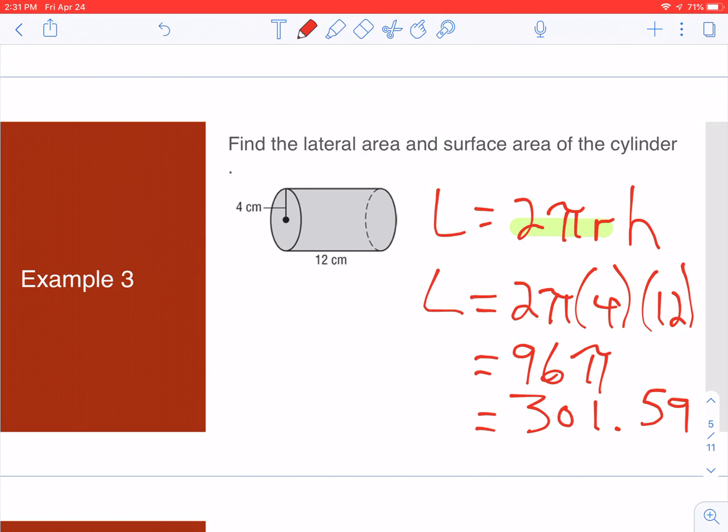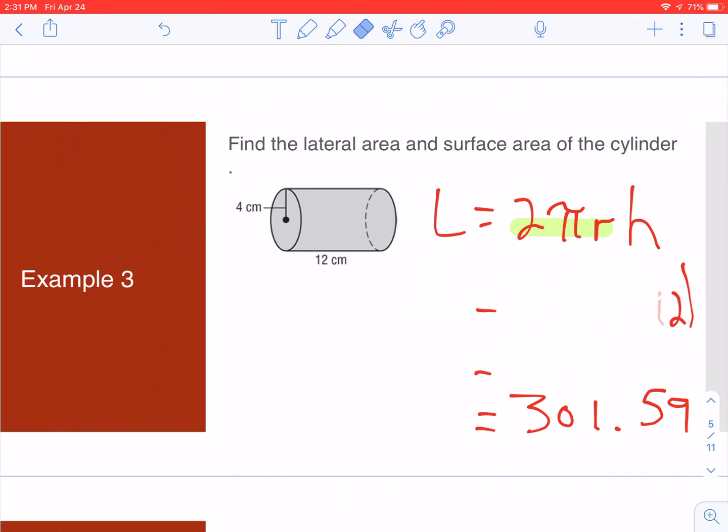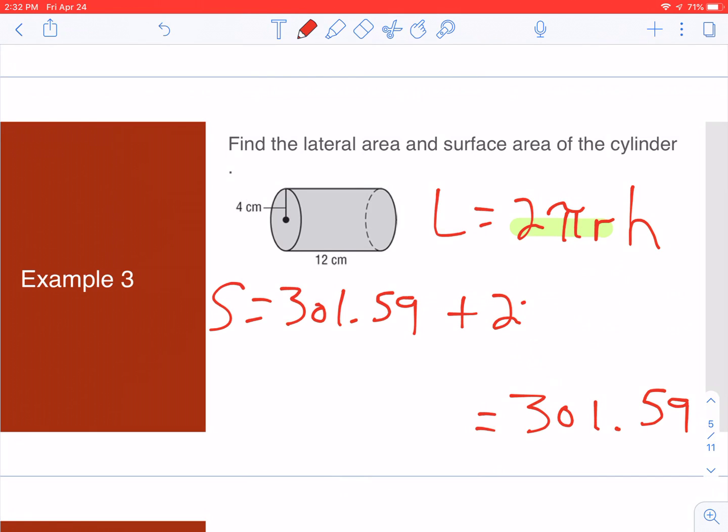It says also find the surface area. Well, the surface area equals the lateral area, 301.59, plus 2 pi 4 squared.